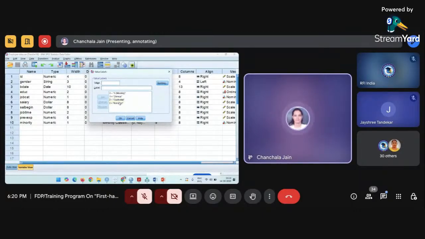Is it clear? So according to the ANOVA requirement, we have more than two groups or more than two categories in the independent variable, which is job category. Fine, everyone? Yes.